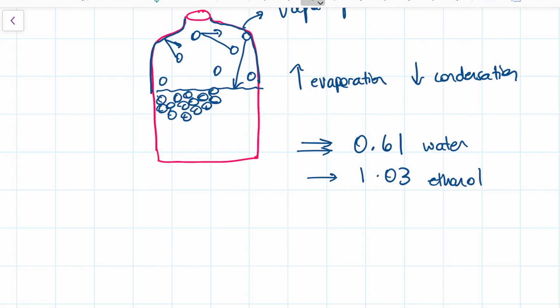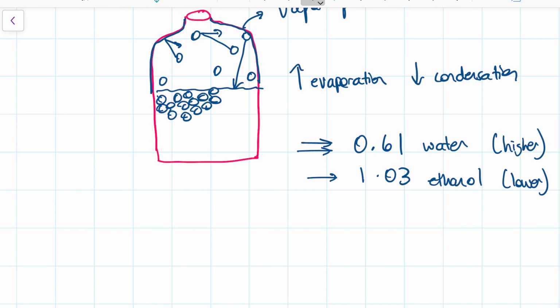Ethanol has a lower boiling point. Water has a higher boiling point. So why is that? Well, water has a naturally lower vapor pressure than ethanol, so therefore I've got to put in more heat energy to get water to a certain point.